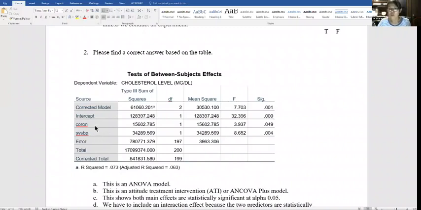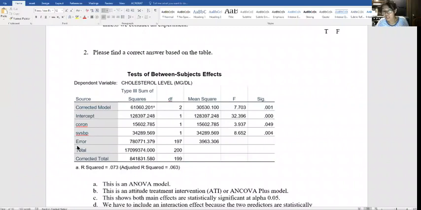So here we have two X variables and the dependent variable is cholesterol. Certainly this is called an ANCOVA model because I don't see any interaction effect between the two main variables.